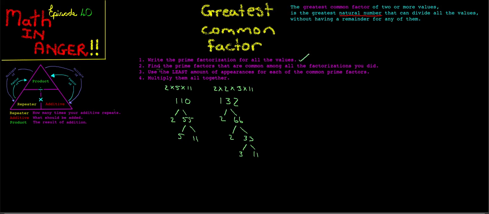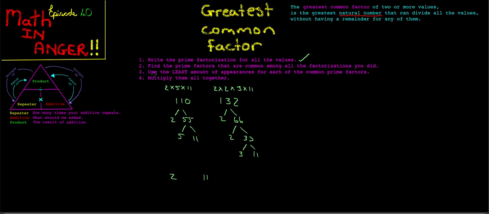Then we find the prime factors that are common among all the factorizations you did. So 2 appears in both, 11 appears in both, 5 only appears here, so we can't use it. 3 only appears here, so we can't use it.